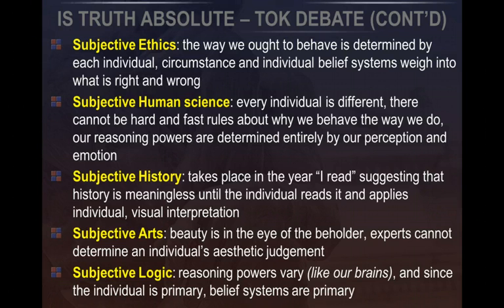History takes place in the year I read about the history, suggesting that history itself is meaningless until the individual reads it and applies it. Arts: beauty is in the eye of the beholder. And there is no such thing as an expert in the arts because beauty is purely subjective. And logic: our reasoning powers vary brain to brain. Everyone has their own kind of reason.